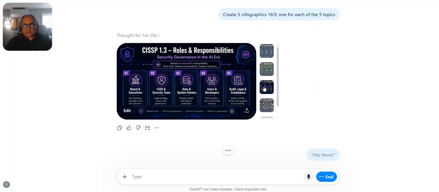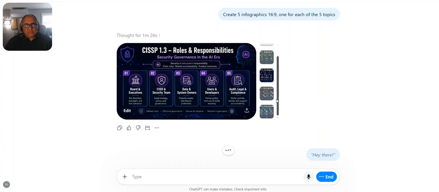Roles and responsibilities are the backbone of effective security governance. The board and executives set the overall risk tolerance and ensure security aligns with business objectives. The CISO and security team translate strategy into policies and operational controls. Data and system owners classify assets and ensure protection in line with governance. Users and developers follow policies and use AI or other tools responsibly.